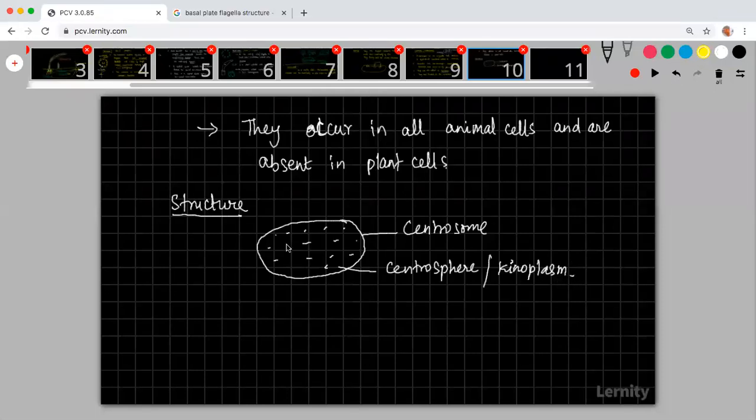In that, you will be able to see these barrel-shaped structures. The centrioles are perpendicular.